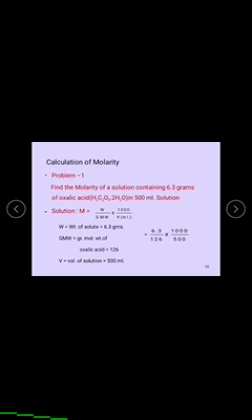If it is in liters, then we take the previous one, that is M is equal to W by GMW into 1 by V. On simplification, we get 0.1 M. This indicates a decimolar solution, and this is one problem.